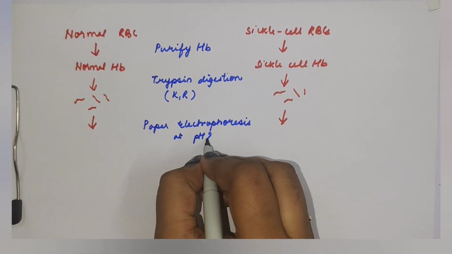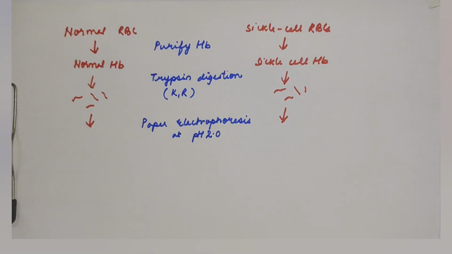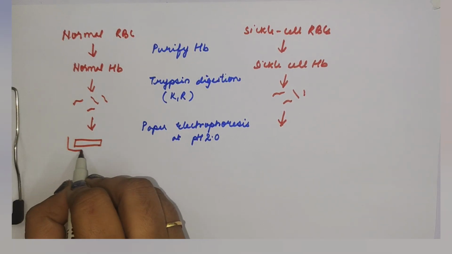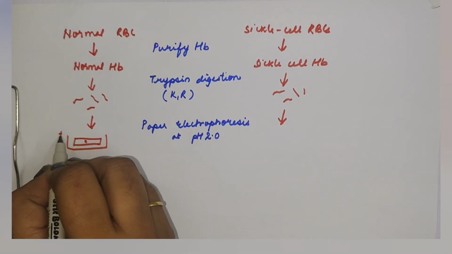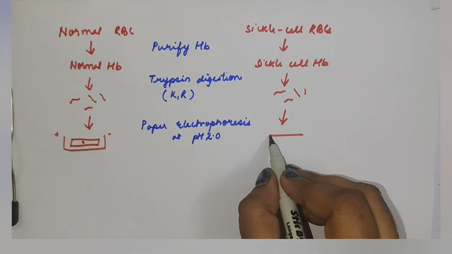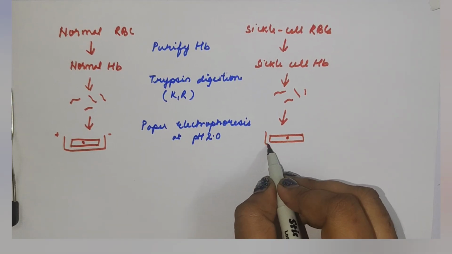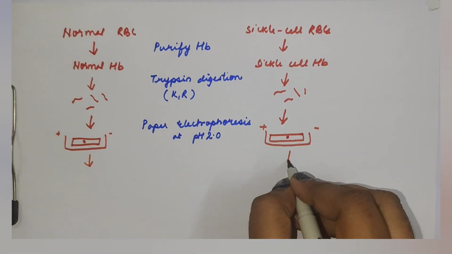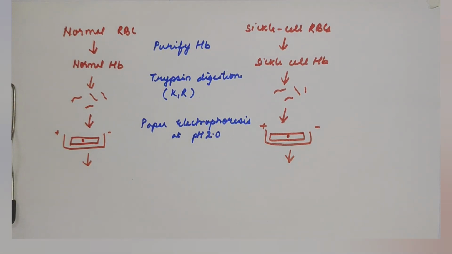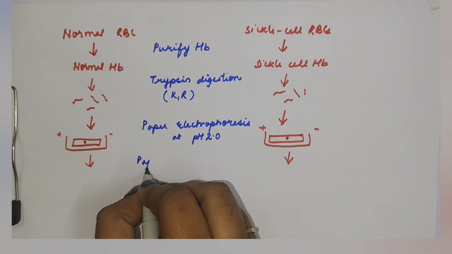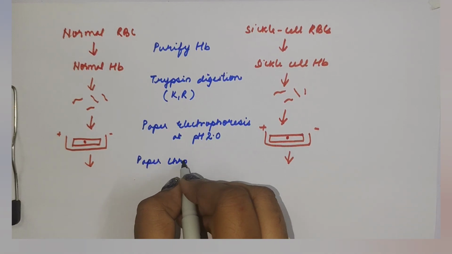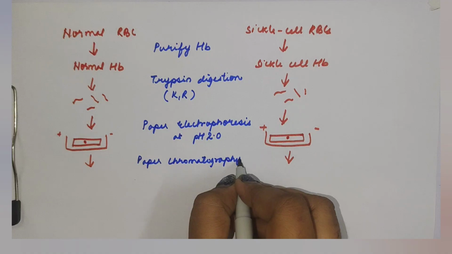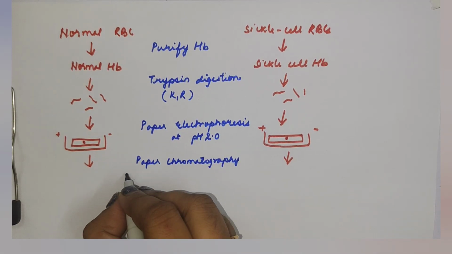It will not act randomly and cut the peptides in whichever manner it wants, but it will cut the bonds adjacent to the lysine and arginine amino acids. It means wherever a lysine residue is found, it will cut the adjacent peptide bond, and wherever an arginine residue is found, it will cut the adjacent peptide bond, and therefore the peptides will be released.